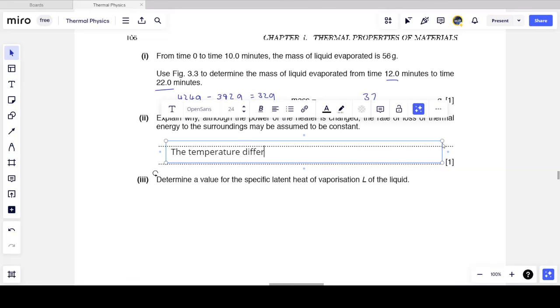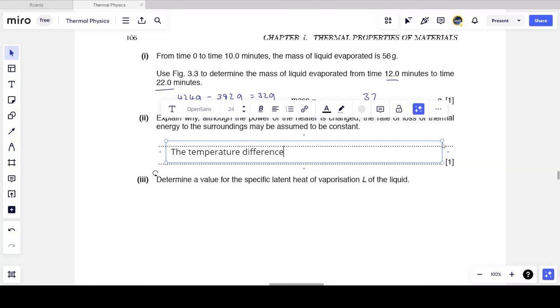But the temperature difference doesn't change. The temperature difference between the liquid, whatever liquid it may be, and the surroundings remains the same. And since the liquid is constantly boiling, even if we change the power of the heater, it's still at 100 degrees, well, whatever the boiling point of the liquid is, it's a constant value.